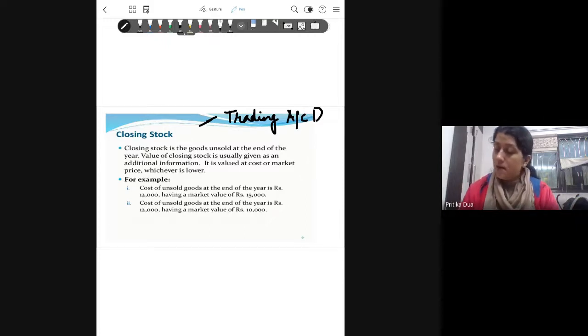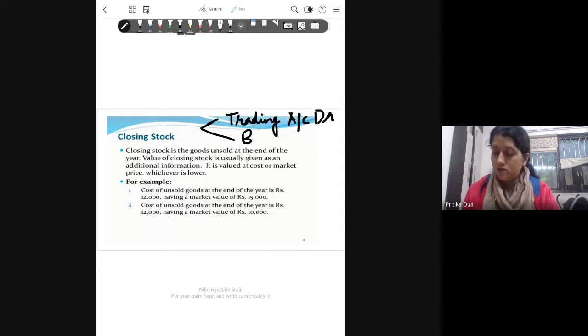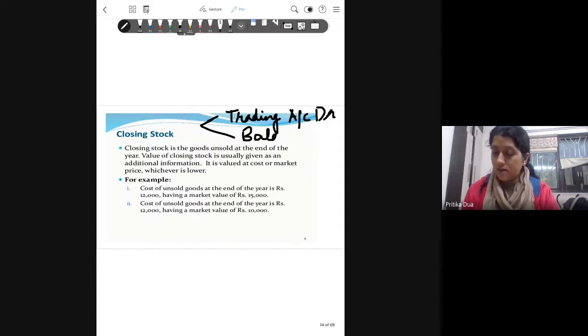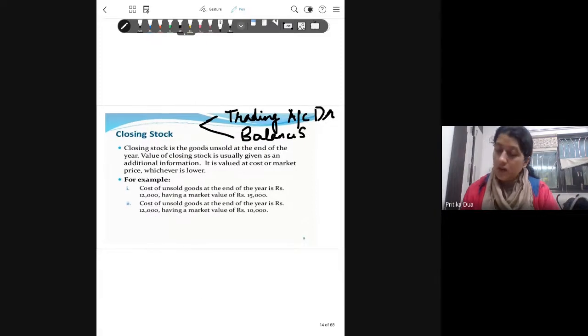So we record the closing stock at another place, which is the balance sheet. And in the balance sheet, we record this on the asset side, because this stock will now lead to revenue generation in the next year.